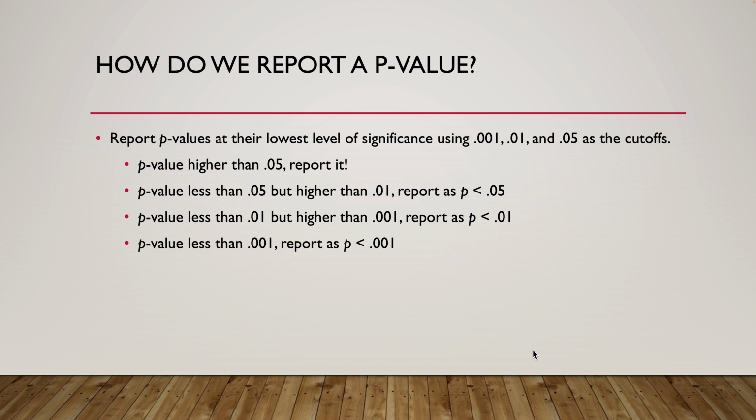Now, if you're a little rusty on inequalities and comparing decimals, sometimes it can be a little tricky to determine which range your p-value falls in. Obviously, the first bullet should be pretty obvious, but the second, third, and fourth can get a little bit tricky.